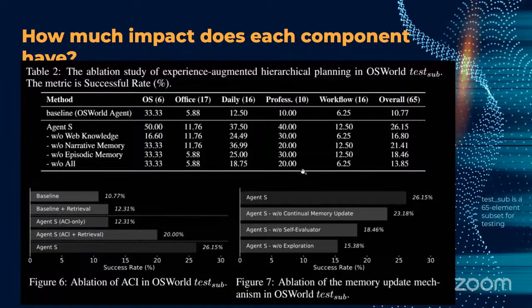Then they look at how much of an impact each component has. With this little ablation study, what happens if you remove web knowledge or narrative memory or episodic memory? And it turns out that all of these aspects seem to make a significant difference. In fact, you find there's a synergy between web knowledge and narrative memory, since those are both different memory banks that the manager calls on, and you have a significant increase in efficiency with each independently.